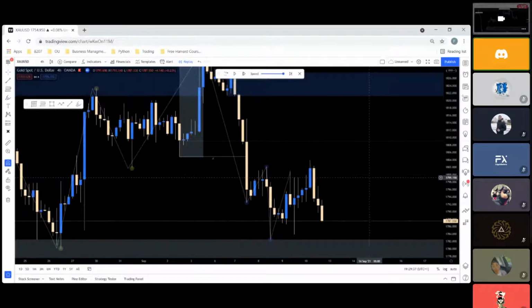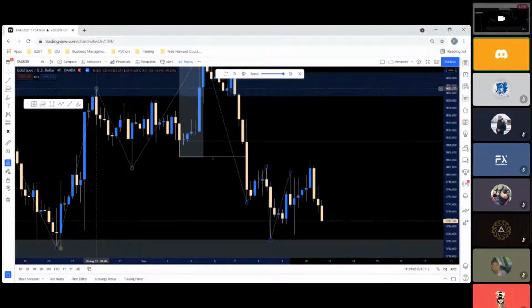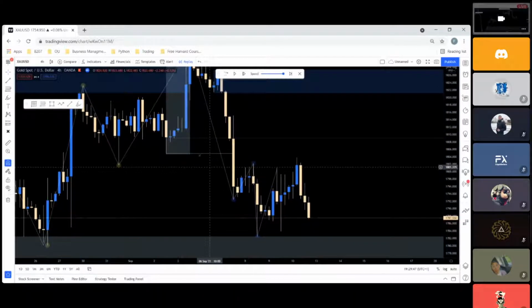Now, something I should have mentioned earlier. When I look at breaks of structure, the rule I have now, this might be different for you guys, I need to see pre-candles on a lower time frame close above or below my structural point.